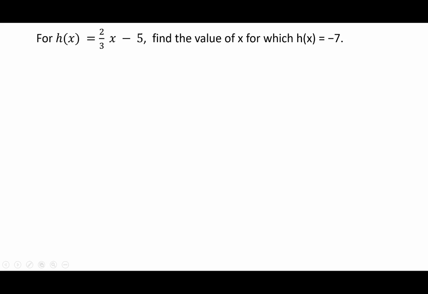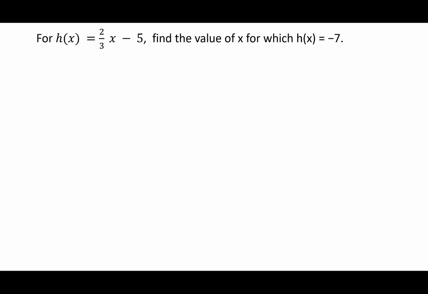Alright, so this is for the function h of x is equal to 2/3 x minus 5. And find the value of x for which h of x is equal to -7. So this time they are giving me what value?